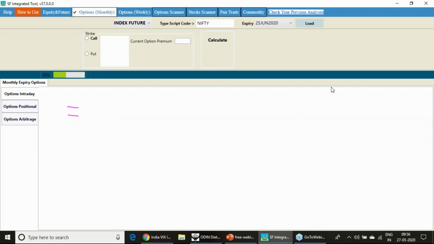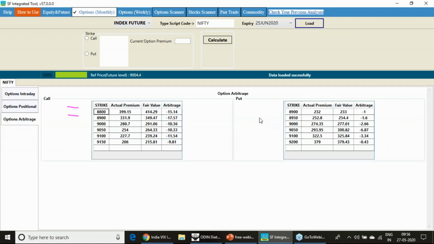Option arbitrage means the value mismatch: what the actual value should be and how much it is trading at. I have taken the June series, not the May series. See the arbitrage opportunity currently existing here. This call option is trading at 400 and its value should be 440.